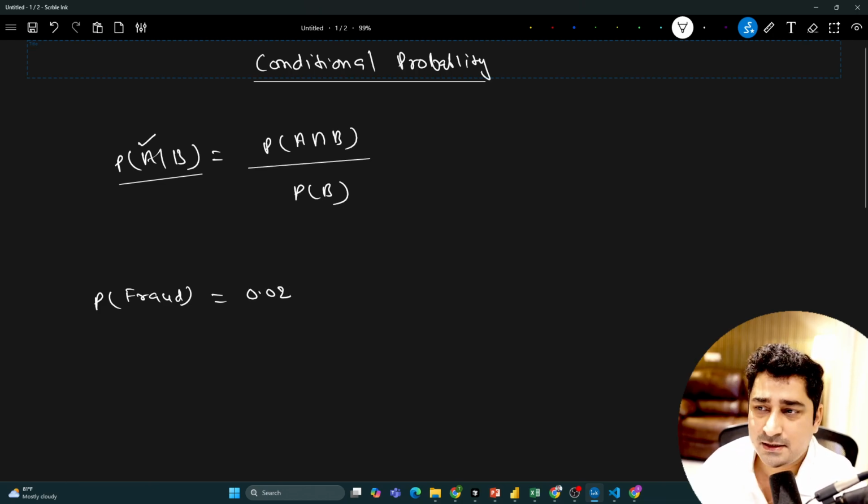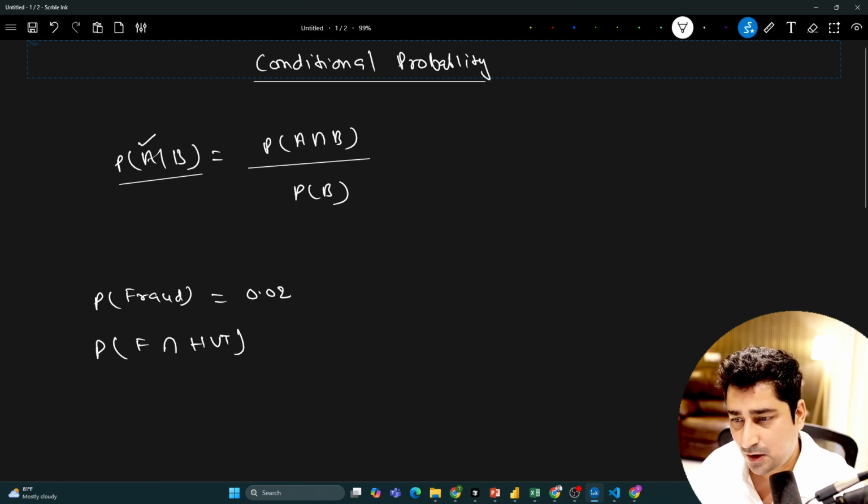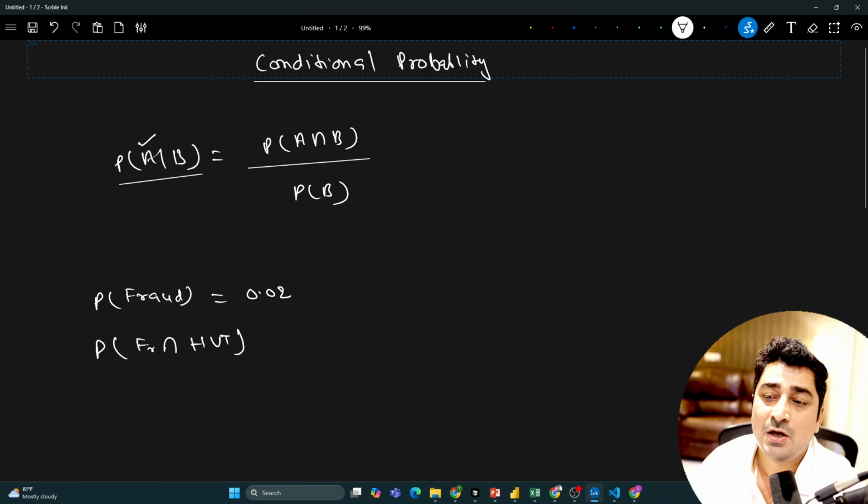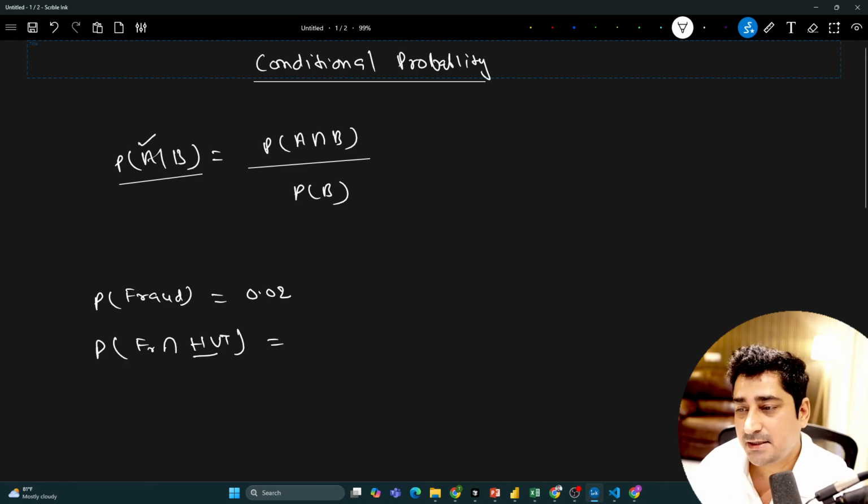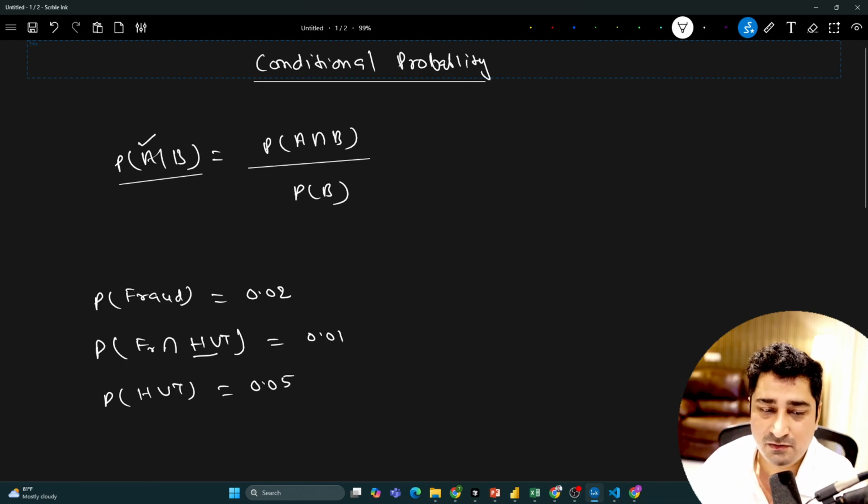Then the joint probability of fraud and high volume transaction, the intersection of fraud and transaction, meaning the transaction has happened and there was a fraud in it, is 0.01, which is given to me. And the probability of a high volume transaction is 0.05. This is also given to me.